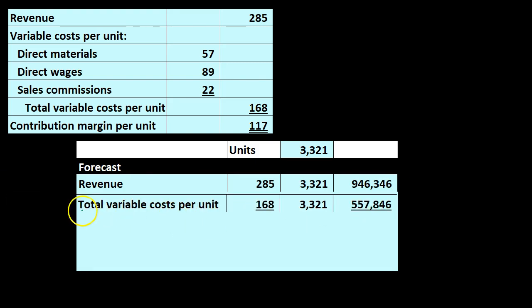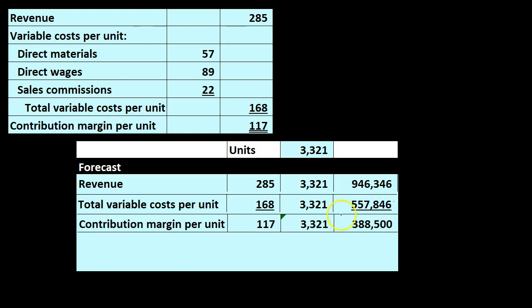And then we've got the total variable costs per unit, which is the 168 times the number of units, 3,321. That gives us our total variable costs. If we multiply those out, contribution margin, then we could do this two different ways. We could say it's the 117 times the 3,321 units gives us 388,500, or we could take total revenue minus the variable costs to give us that 388,500 as well.